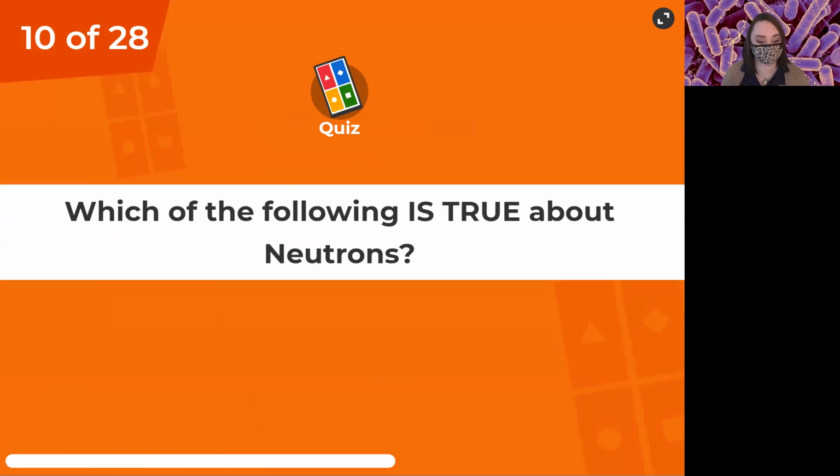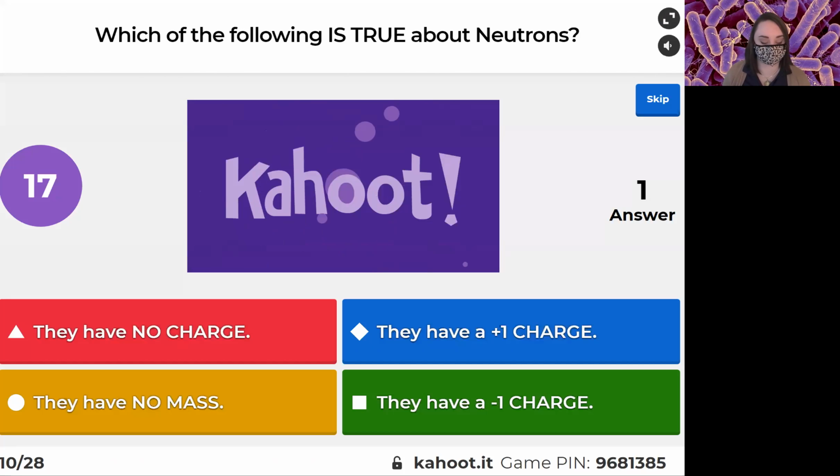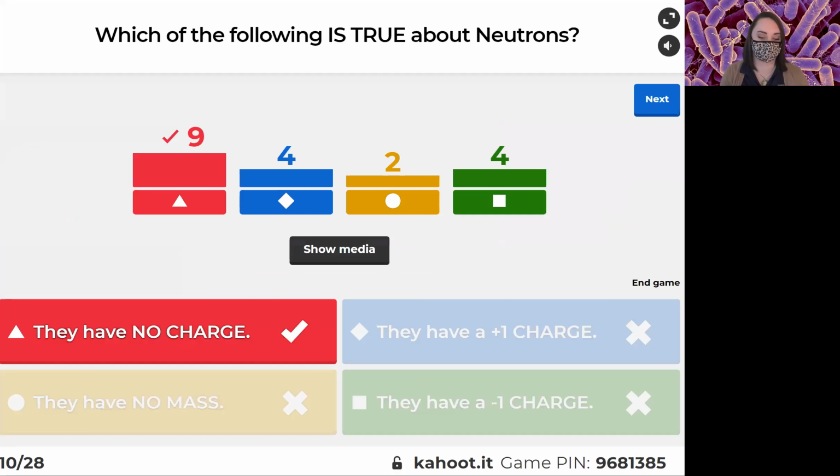What's true about a neutron? Good. So neutrons are neutral. They have also a mass of 1 atomic mass unit.